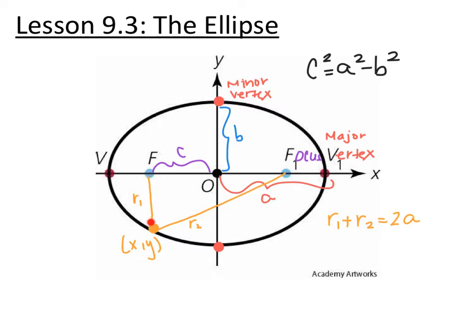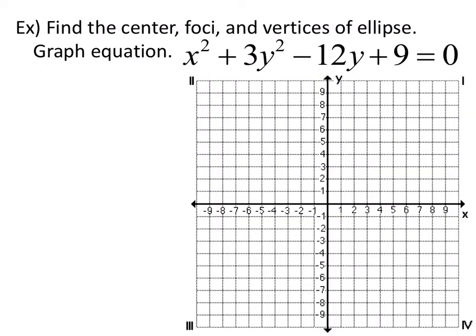So the sum r1 plus r2 is 2a no matter where you are on the ellipse. So if I have another point up here in a different place on the ellipse and it has two focal radii, then those two focal radii are equivalent to r1 plus r2, which is equivalent to the length of the major axis. So here we have the equation of an ellipse in standard form.